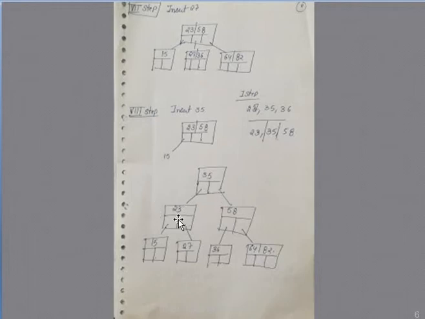So 35 is the root node, 23 and 58 are the left and the right child respectively, and then 15, 27 and 36, 64 and 82. These are the nodes that are arranged in this way.